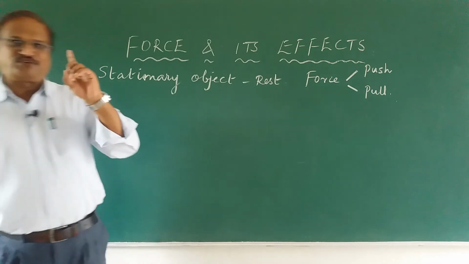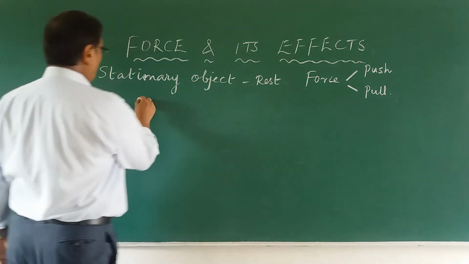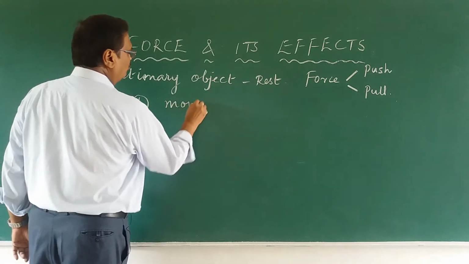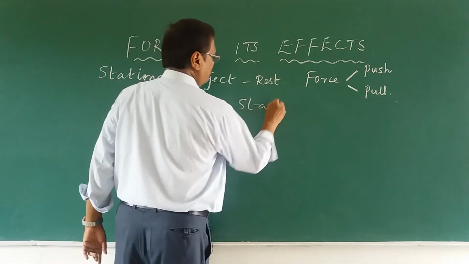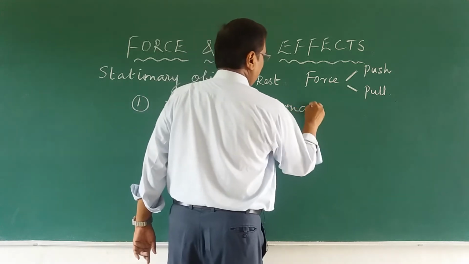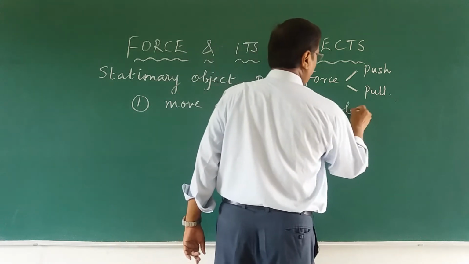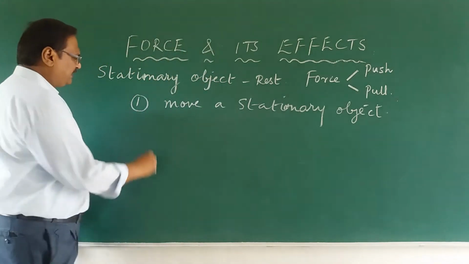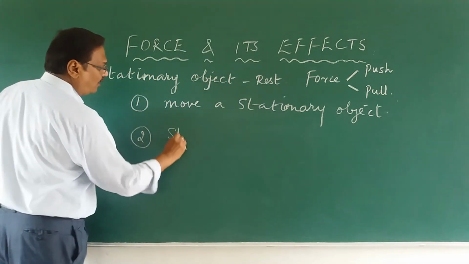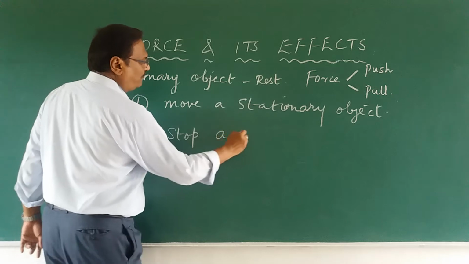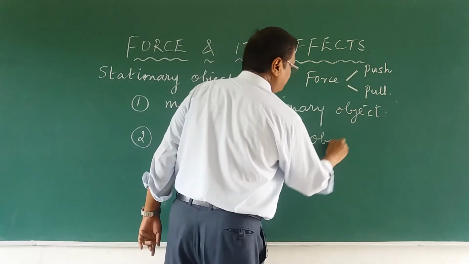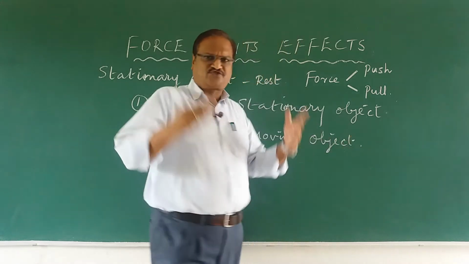So the first effect of force is, it can move a stationary object or object at rest. It can do that. Or it can stop, opposite to this, a moving object. Okay, now I'll give you some examples.